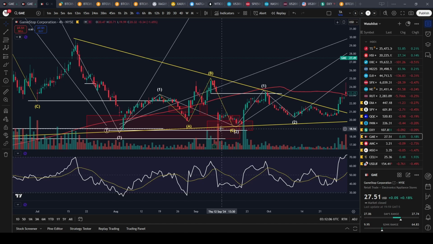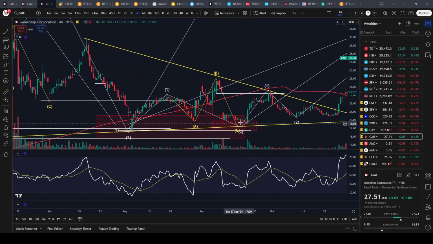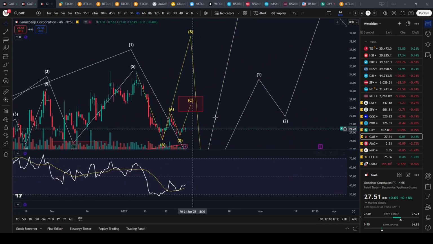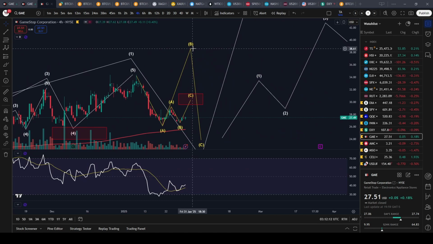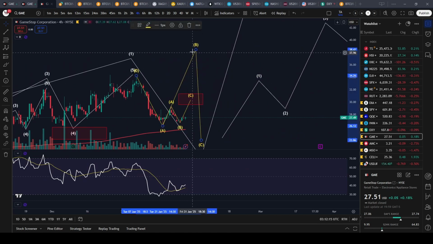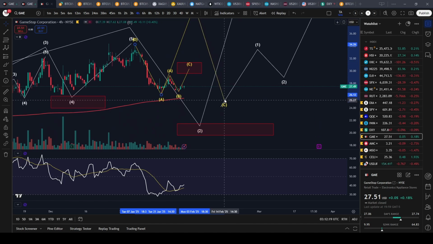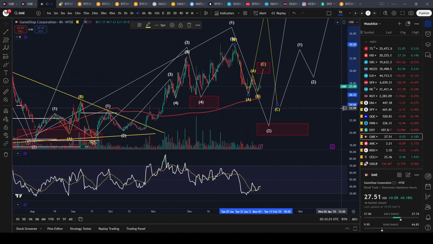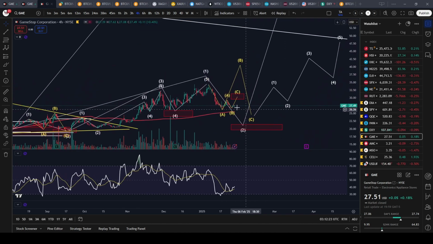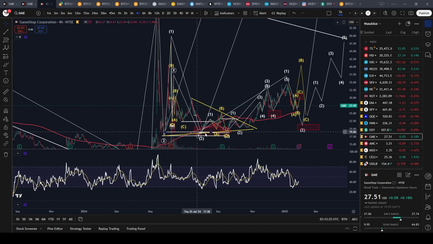But this was a dip to buy for sure, and this was a flat target. And if it does the same thing, it wants to wreck people, and everyone FOMOs in at like 30-40 bucks, and then they rip it back down to 26. It's going to be a dip to buy, because this is going to be a huge flat setup, and it's just going to take off.